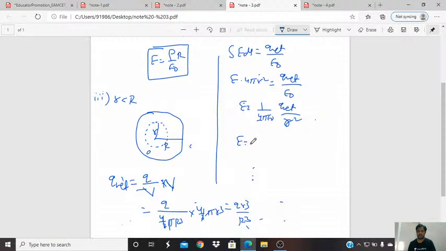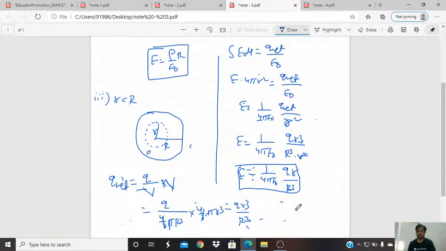Q net is Q into r cube by capital R cube into r square. So it is 1 by 4 pi epsilon naught into Q into r by capital R cube. That means here it is proportional to r inside.